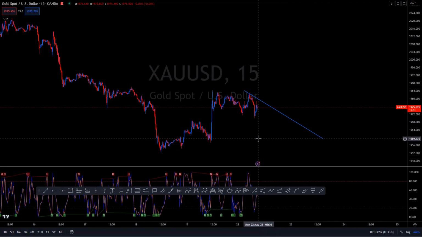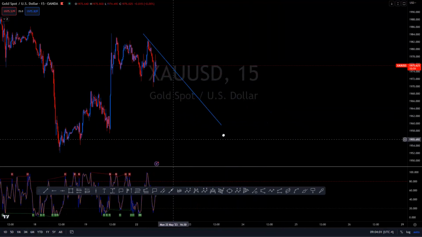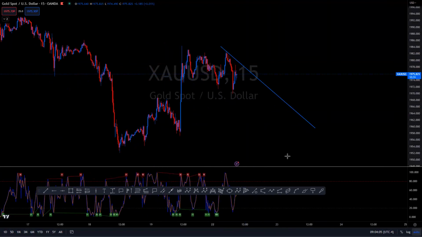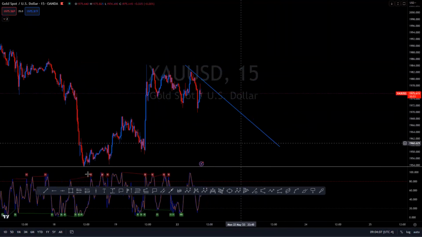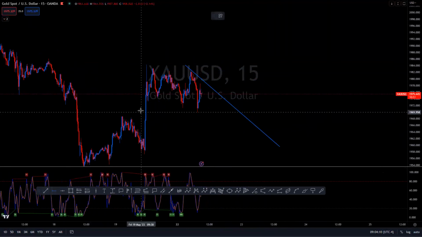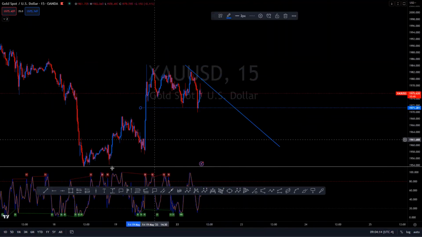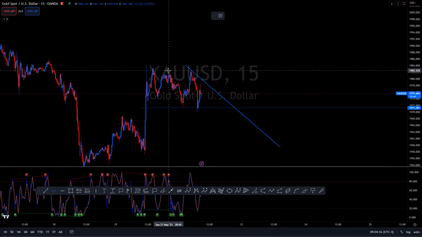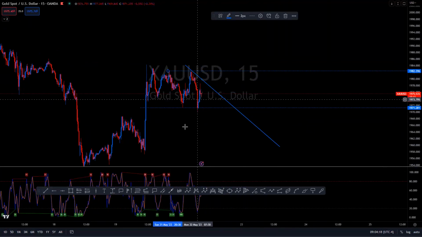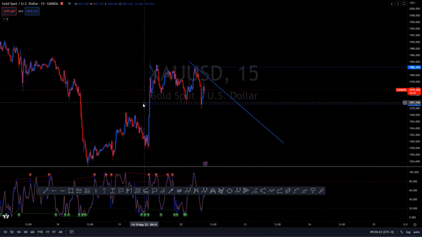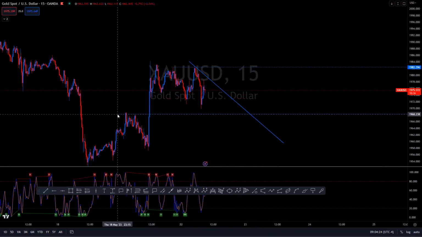Now, what we're going to do is draw our trading ranges. So we can clearly see here that with this last move, the swing low originated all the way from this swing high here. Actually, let me just pull the swing back down here.